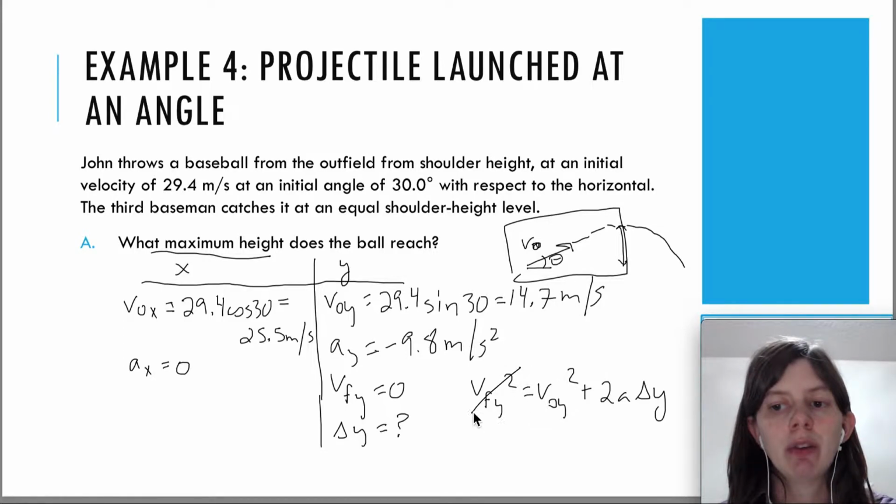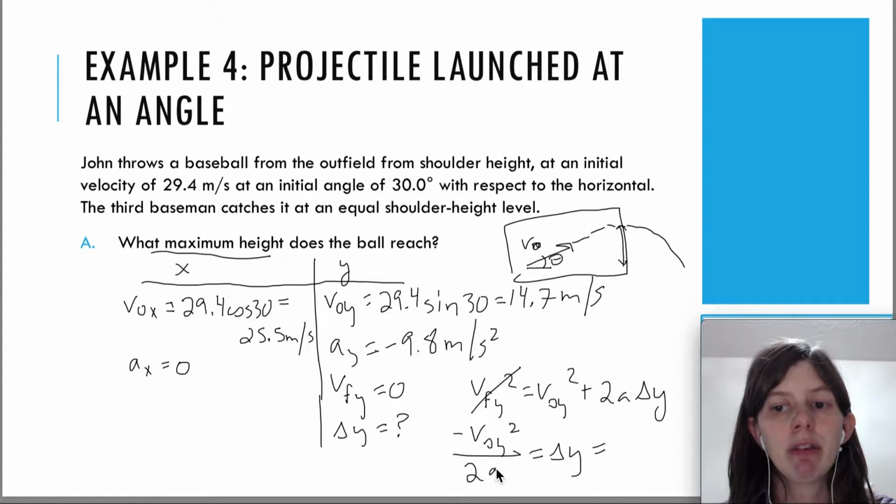We cross out the Vfy squared term, that's 0, and then we solve for delta y. We're going to subtract the V initial y squared from each side and then divide by 2a. That's going to give us delta y. We go ahead and plug in our numbers. Now you notice in this case the negative does not get squared because it's not in parentheses.